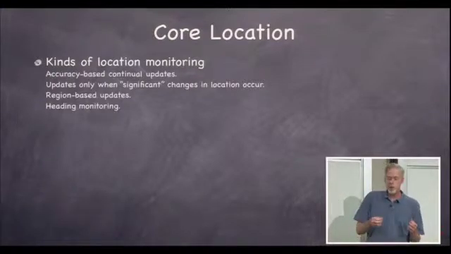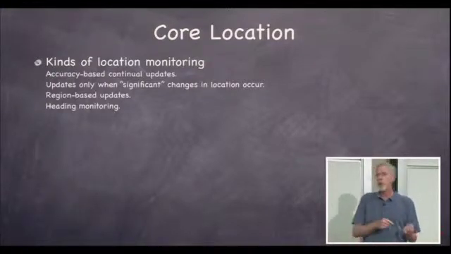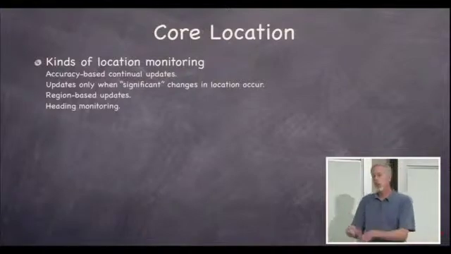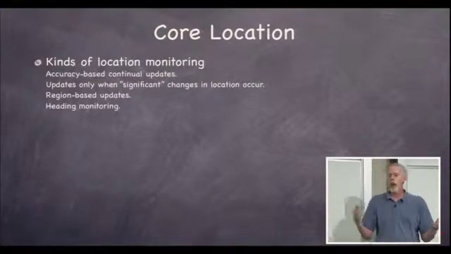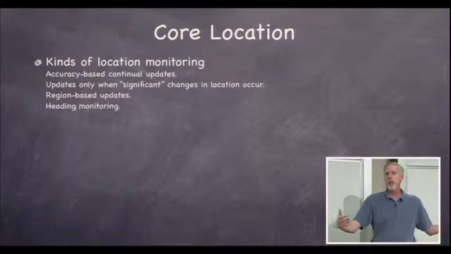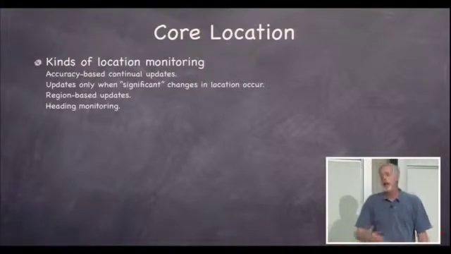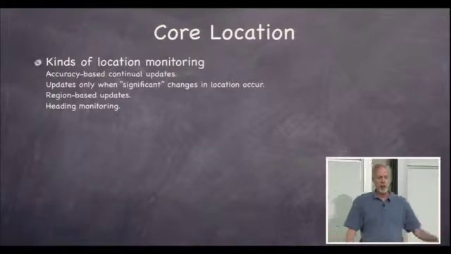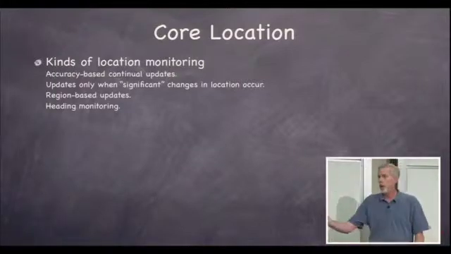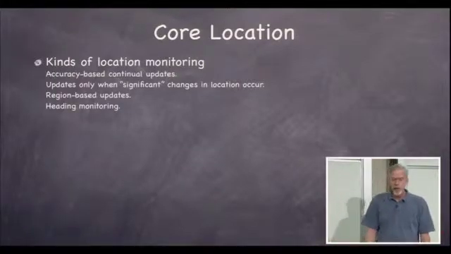All right, so what kinds of location-based monitoring are there? There's accuracy-based continual updates. You set the accuracy, and then it will continue to update you as the person moves around within that level of accuracy. If the accuracy is low, it's not going to update very often; you'd have to move pretty far. But if the accuracy is high, it might be updating you quite a bit. Then there are updates only when significant changes occur.